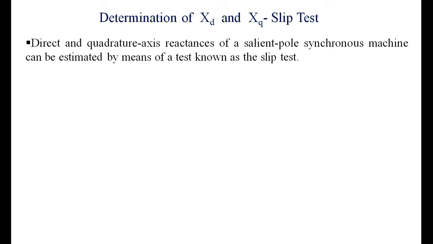However, we give a supply to the armature winding, which produces a magnetic flux. We know that if you give a three-phase supply to the three-phase winding, it produces its own rotating magnetic field, which has synchronous speed. However, the rotor of the alternator is running less than the synchronous speed.